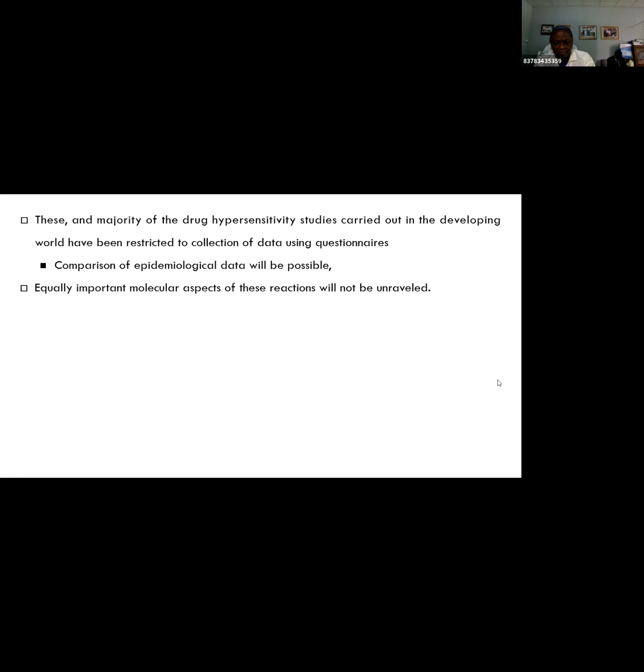Now, using questionnaires, no doubt, gives you an idea. As I was saying, most of these hypersensitivity studies were carried out using questionnaires, and of course, using questionnaires, you would be able to compare epidemiological data from different patients.